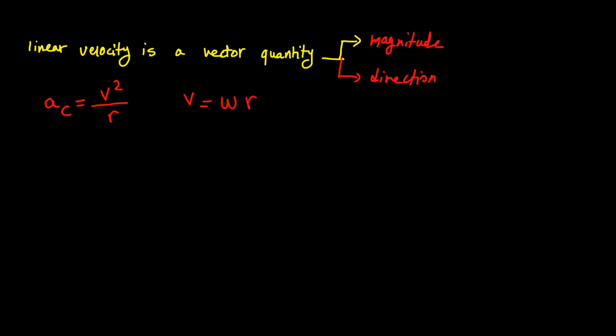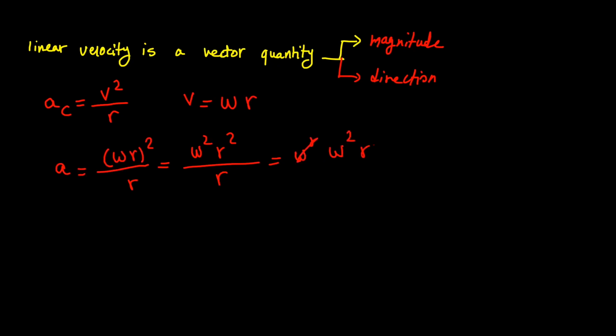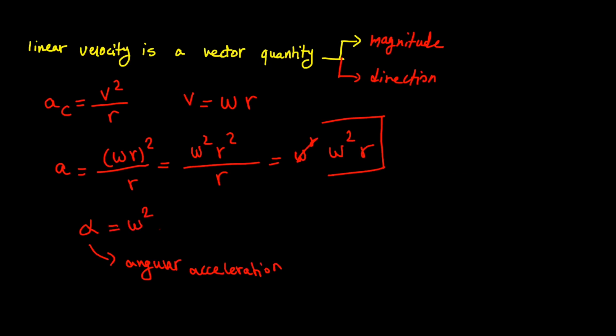In this formula, I substitute v with omega r. So I write a_c equals omega squared times r, and we show this one with alpha, and this one is angular acceleration. So angular acceleration is equal angular velocity squared times r.